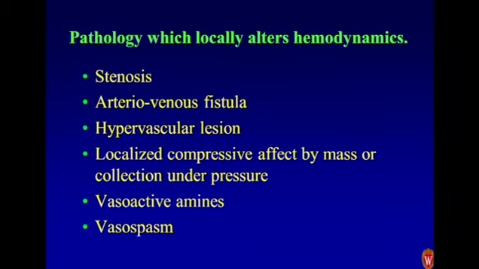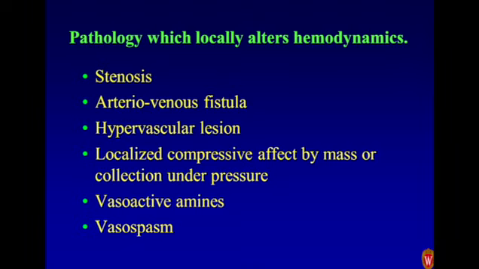Now, there are conditions which will alter hemodynamics and change velocities. The velocities indeed will help us to identify these conditions like stenosis or arteriovenous fistulas. Hypervascular lesions, tumors which pull in blood flow, will increase arterial inflow velocities.